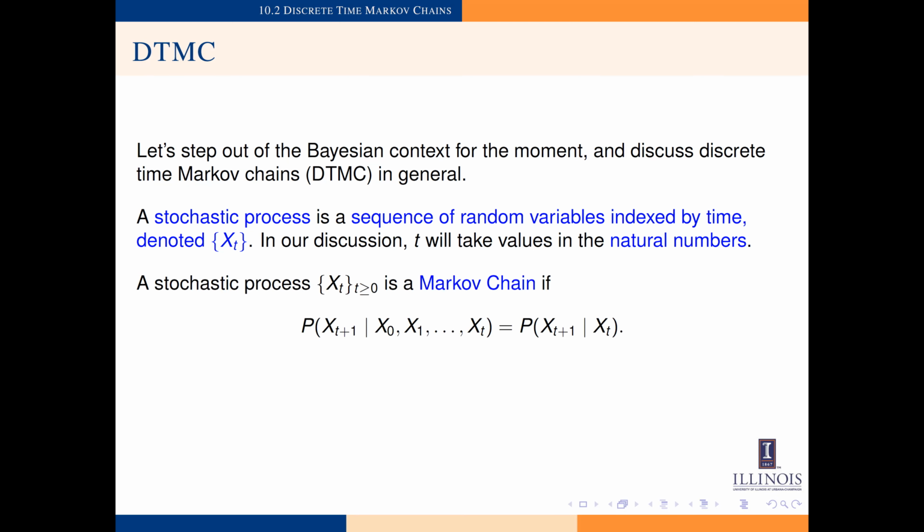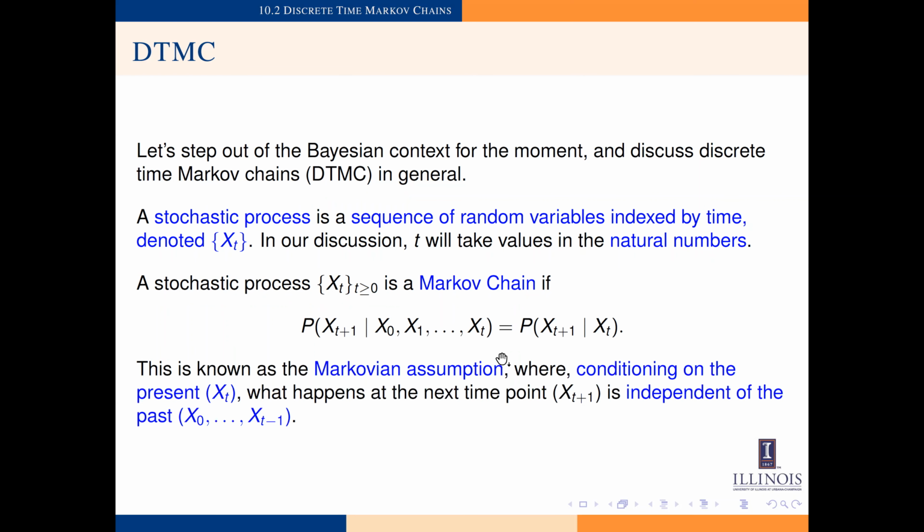A stochastic process is called a Markov chain if it satisfies this particular property. Here, the probability of Xt+1, that is the X value at the t+1 time point, given all the previous time points X's, X0 all the way up to Xt, is equal to the probability of Xt+1 given Xt alone.